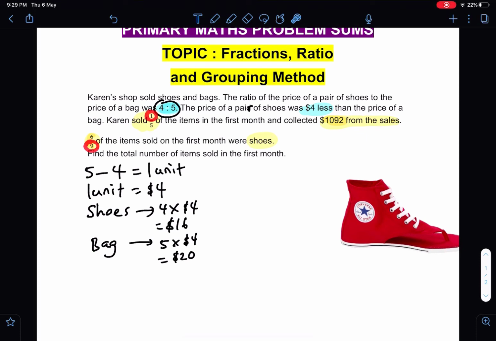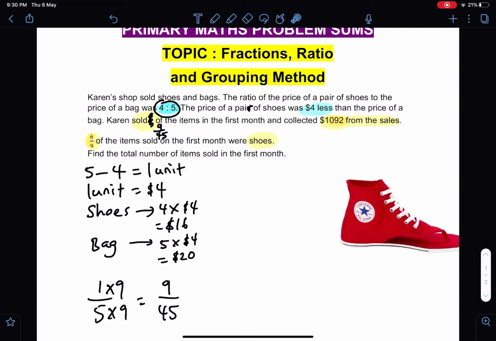So what we need to do is to make these two numbers the same. A very quick way to do that is to times 9 here, times 9 here, and we will get 9/45. Now I'm just going to erase these so that you can get a clearer picture of the change. Karen sold 9/45 of the items in the first month and collected $1,092 from the sales. 6/9.